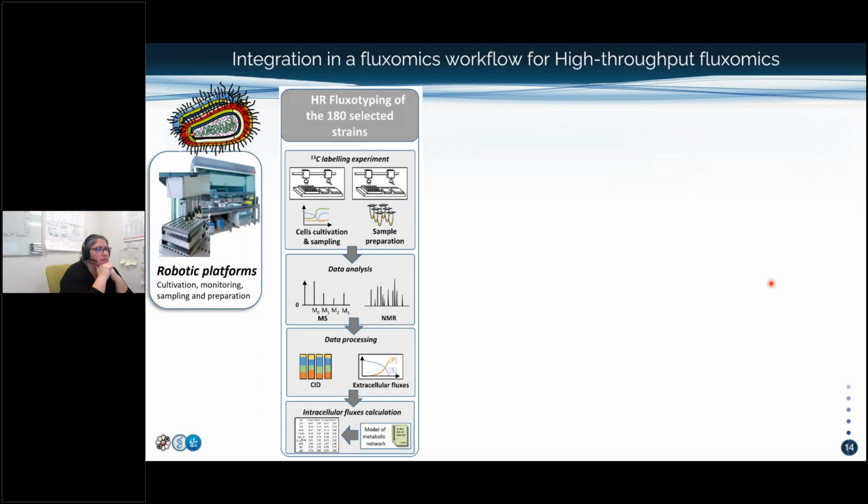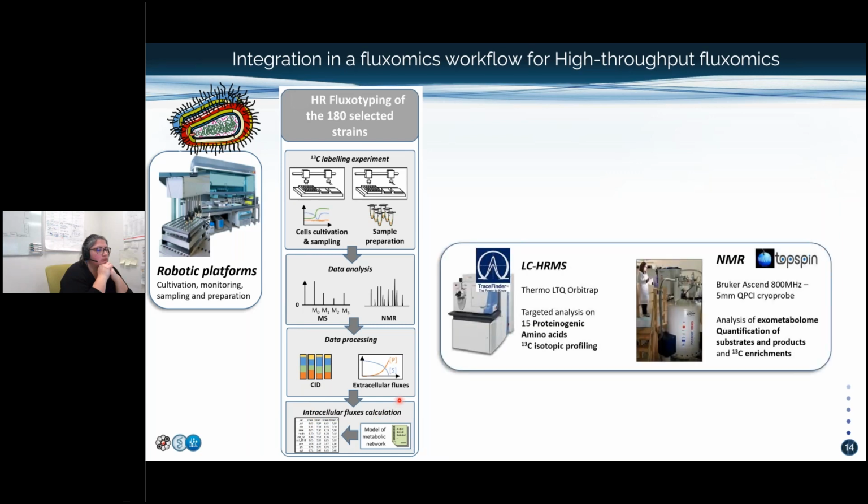So in the platform, for many years now, in collaboration also with the Metasys team in the lab, we developed a series of robotic platforms and tools to automatize flux analysis from the cultivation, the sampling, sample preparation, and data analysis, data processing, and then finally to automatize and increase the throughput of the intracellular flux calculations.